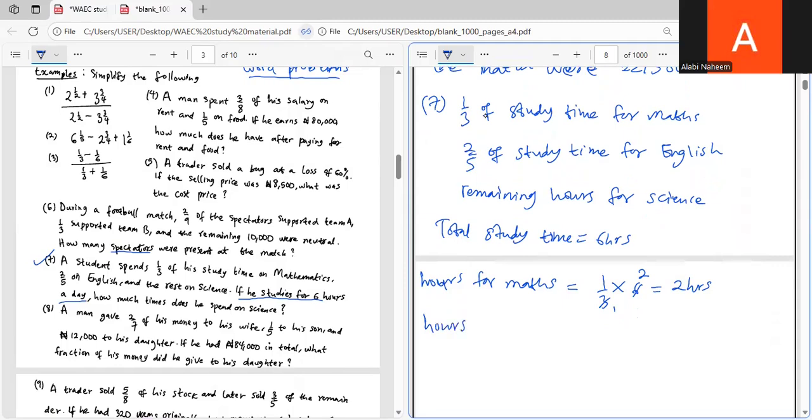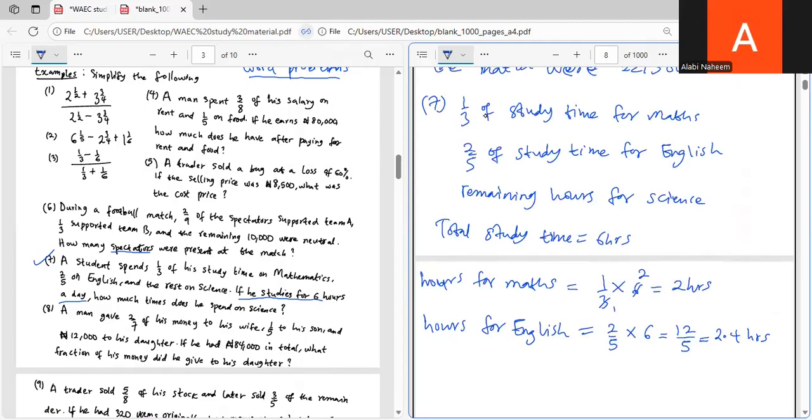Next, the hours for English. They said 2 over 5 of the study time, and the study time is 6 hours. 2 over 5 times 6 equals 12 over 5, which is 2.4 hours for English.